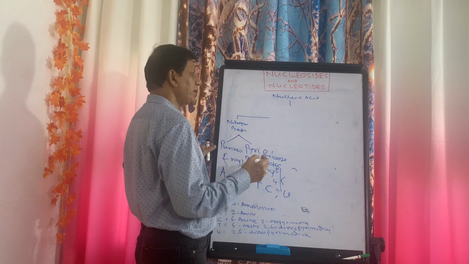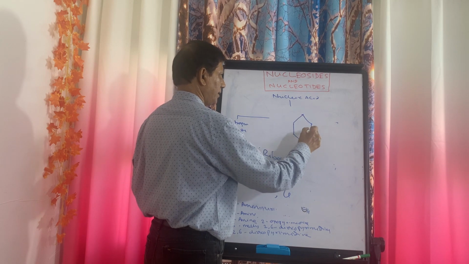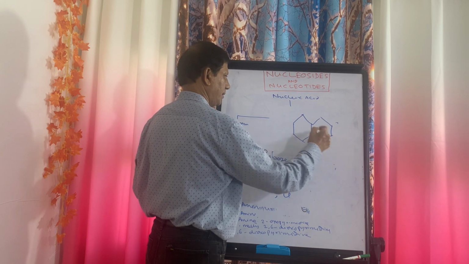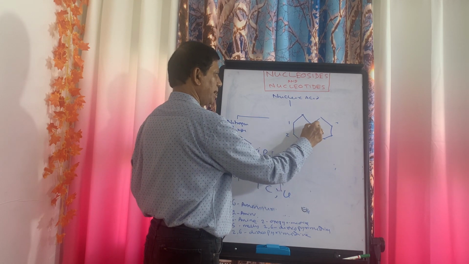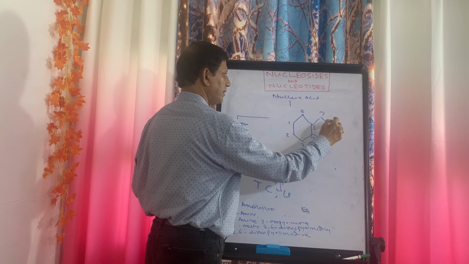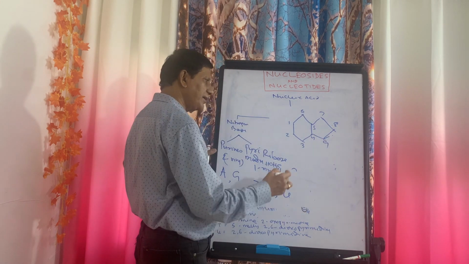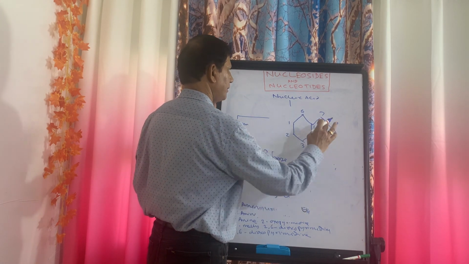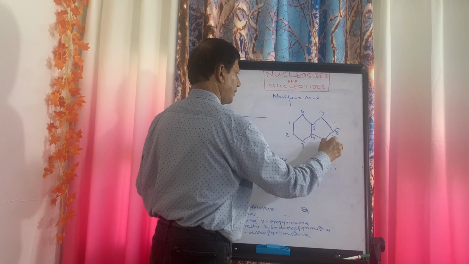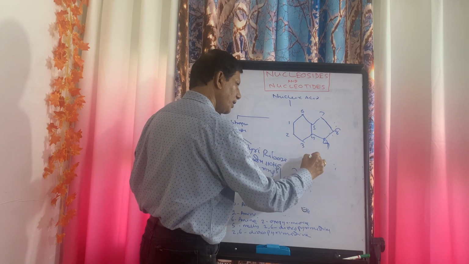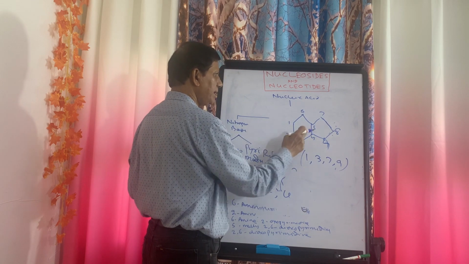Now, the purines are double ring structures. So double ring structures means they will look like this. This is position number 1, 2, 3, 4, 5, 6, 7, 8 and 9. And nitrogens are present at positions 1, 3, 7, 9.